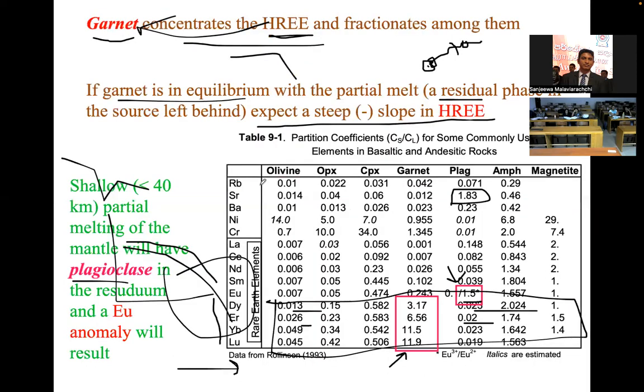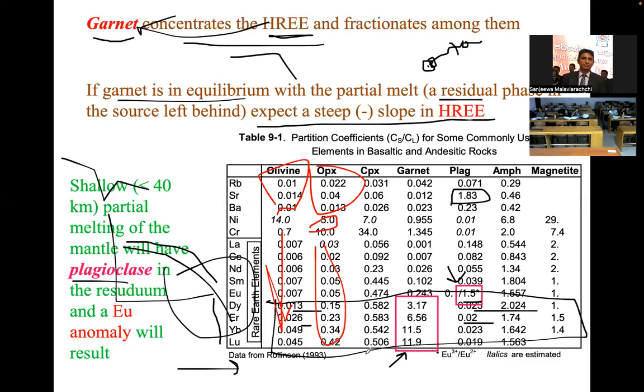See, I told you last time, olivine cannot accommodate a lot of elements because their partition coefficients are very little. See, OPX also not much, right? It can only accommodate some selected elements, still small. So therefore, you can just omit.